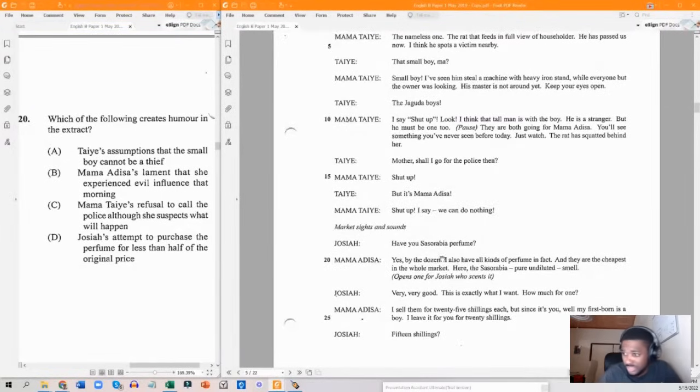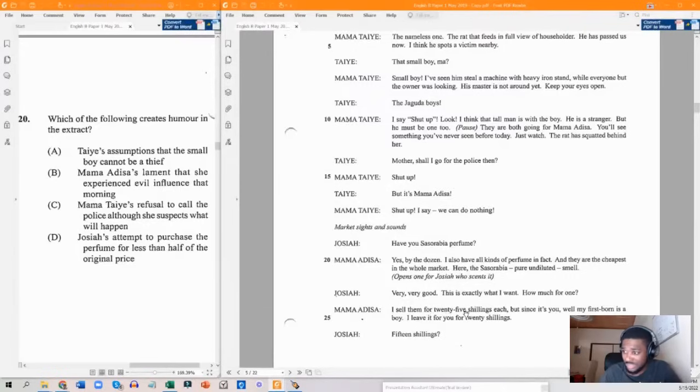Over here, where does he start the bargaining? So the bargaining starts basically from line 20. He's saying, do you have this kind of perfume? Mama Adisa says, yes, they're the cheapest, they're undiluted, they're high quality stuff. And Josiah says, yeah, this is exactly what I'm looking for. He starts the bargain at 25 shillings.